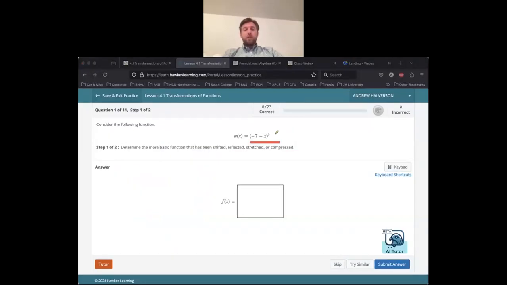What are we trying to do? Well, the giveaway here is this part. The basic function is the x cubed, because if you were to do FOIL to this whole thing and expand it out, it would mean we take minus 7 minus x and multiply it with itself 3 times.